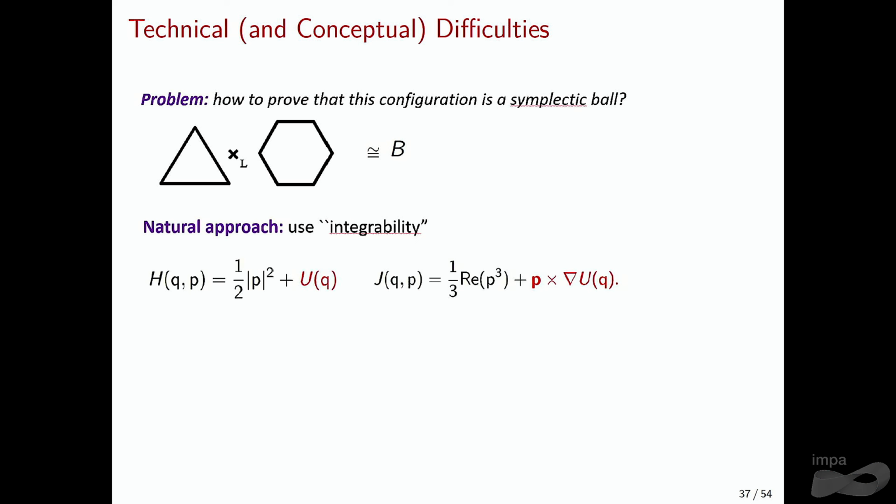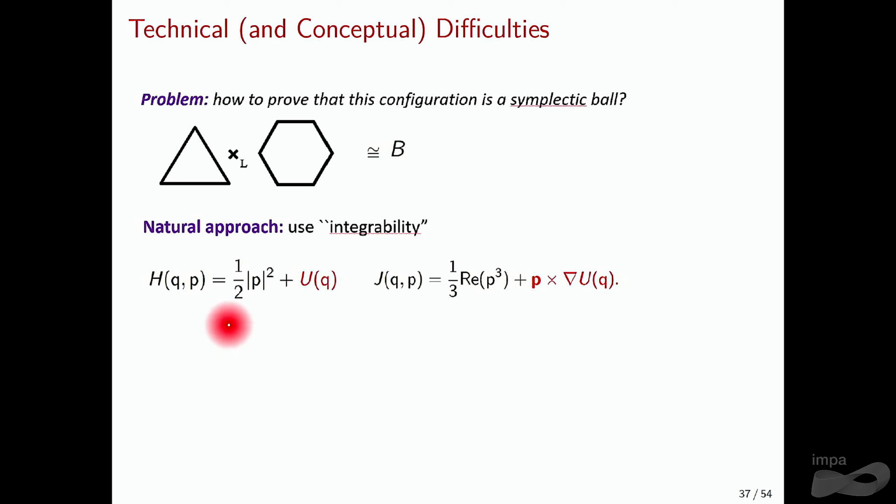So how to do it? Well, you have to come up with commuting Hamiltonian functions. If you ignore the red parts, then you can naturally start with something that looks like the usual Hamiltonian for straight motions, which is right here.